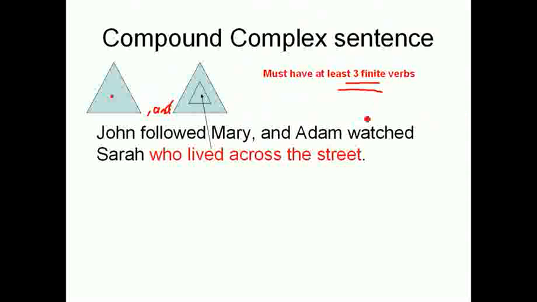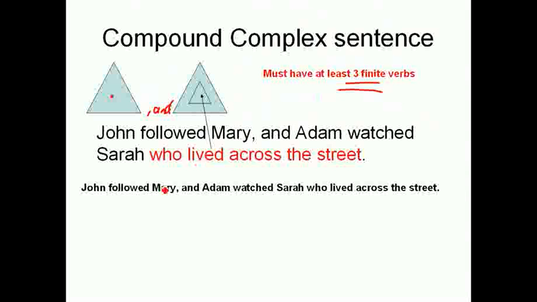So you have a clause within a clause there. And for a compound complex sentence, there must be at least 3 finite verbs, 3 finite verbs and 3 subjects. This is what you need to have for it to be compound complex.